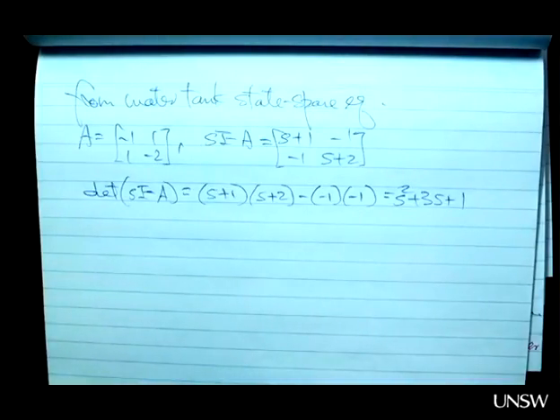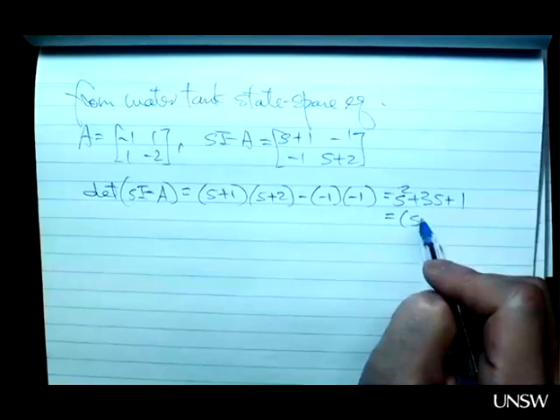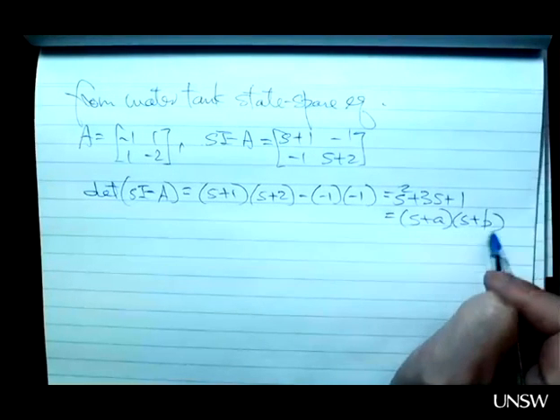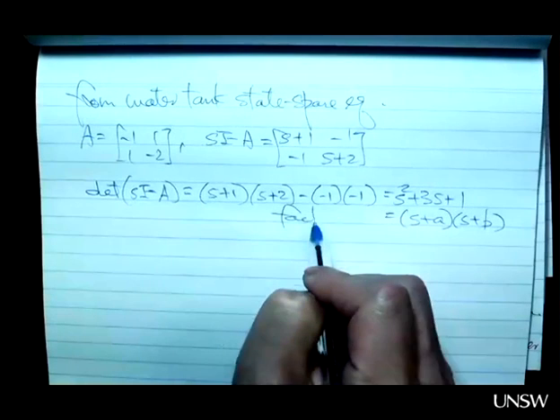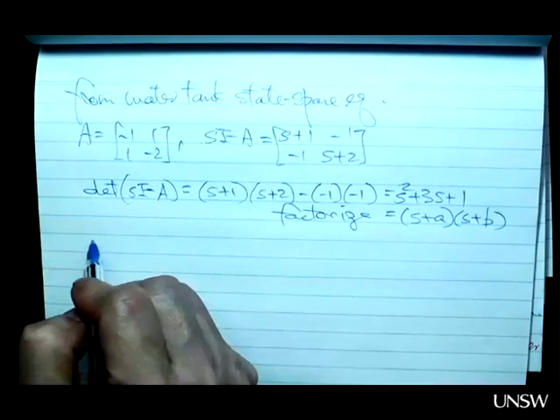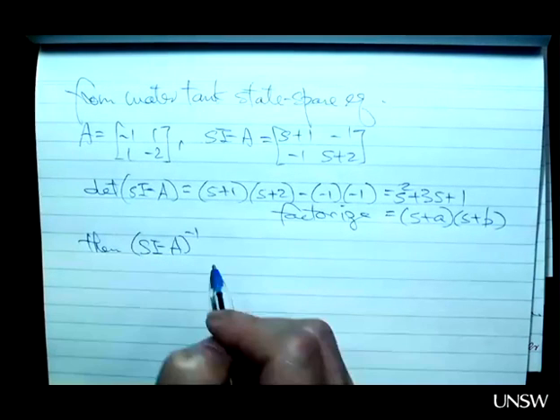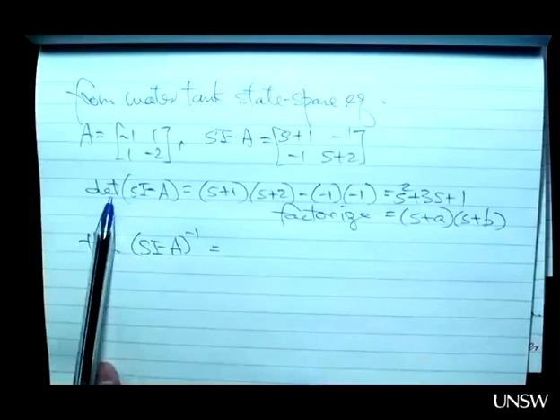So suppose we can factorize this. Then the inverse is, so we must have the determinant here as the denominator.